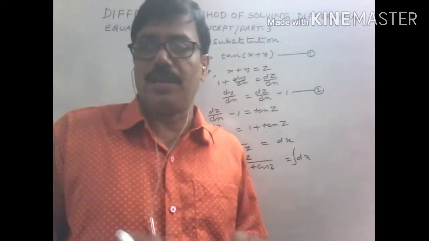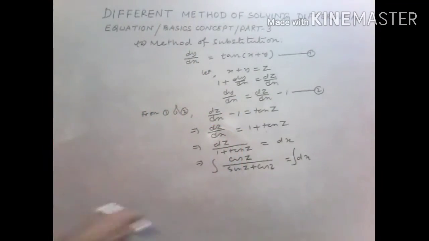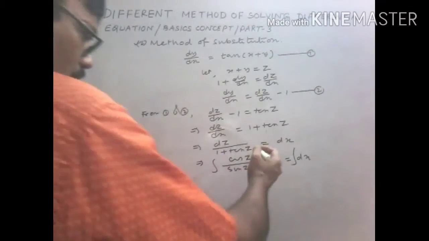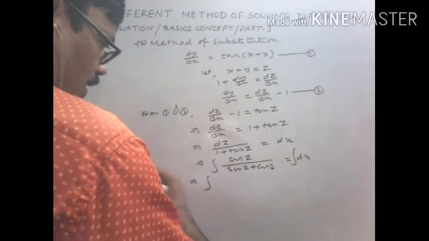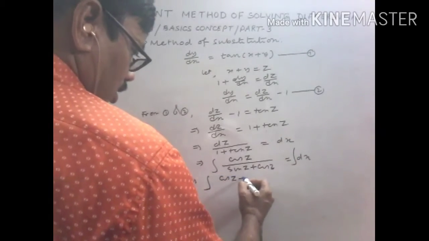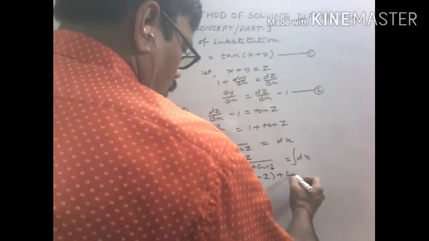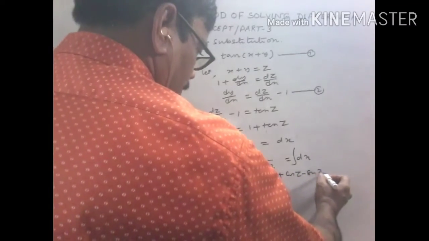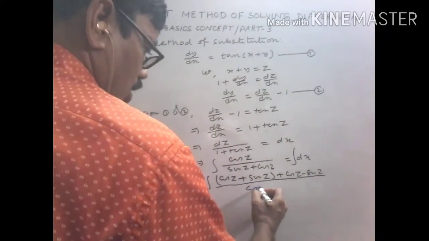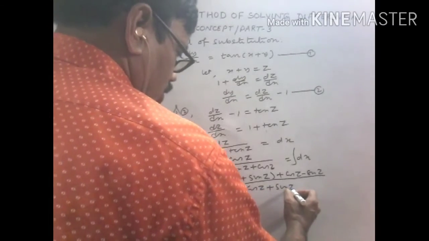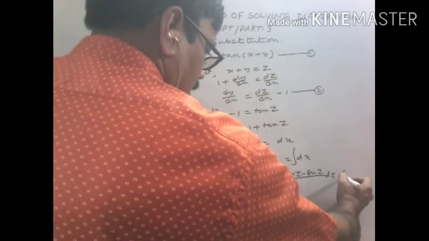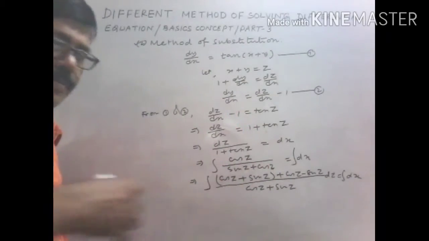Now this is a well-known indefinite integral, trigonometric integration. So we can express it in terms of the denominator: cos z minus sin z by cos z plus sin z dz equals dx.